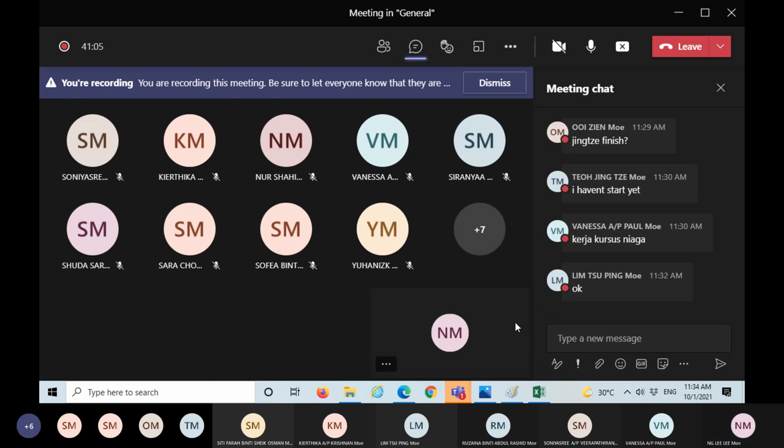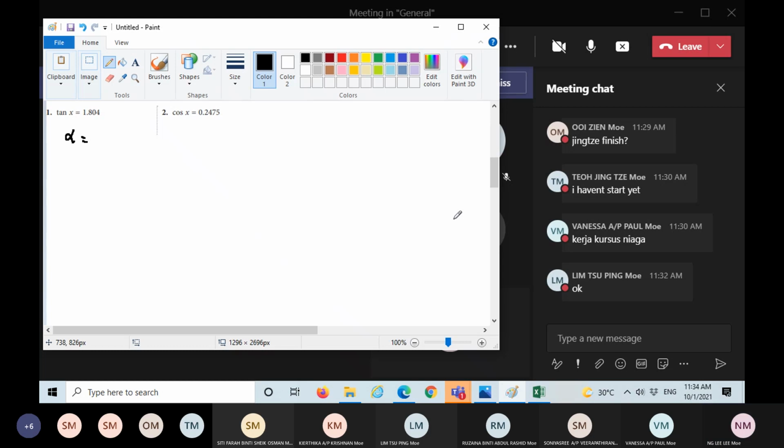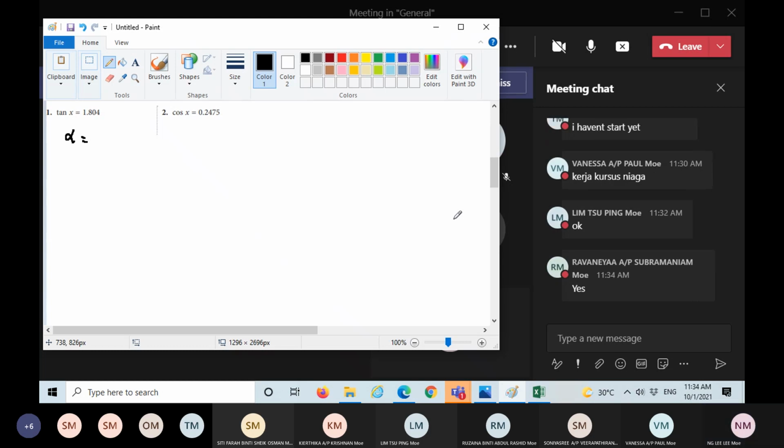Lavania, here? Okay, can you tell me the alpha? Alpha is the corresponding angle in the first quadrant.